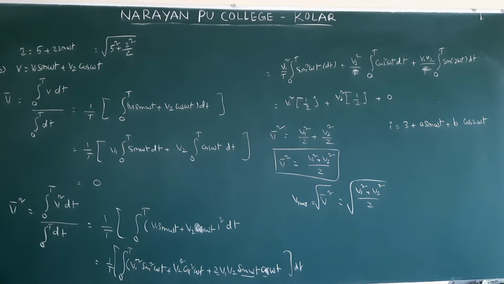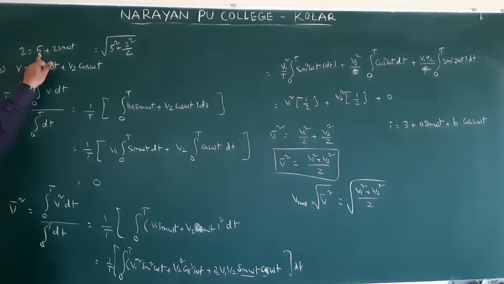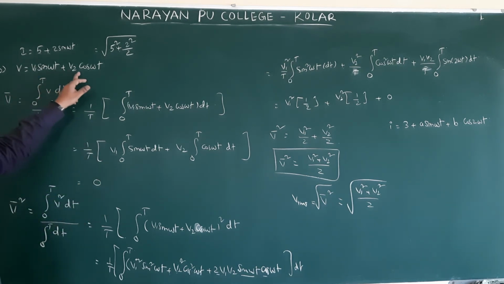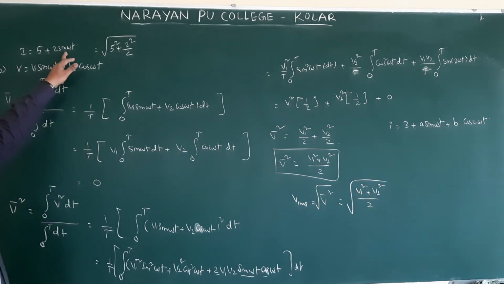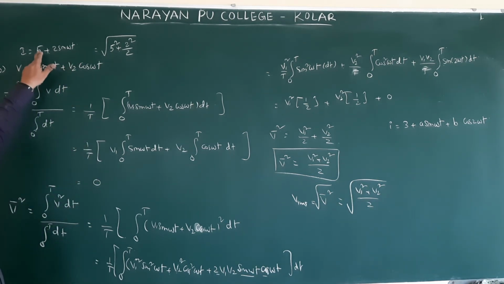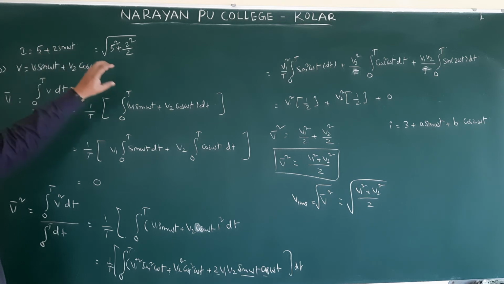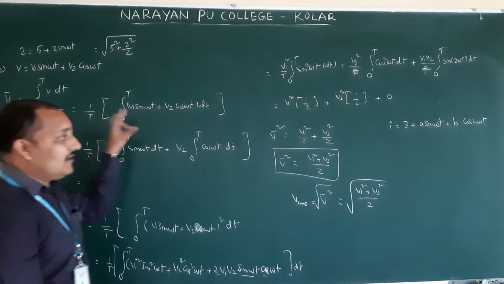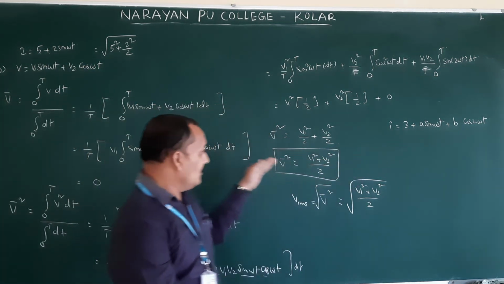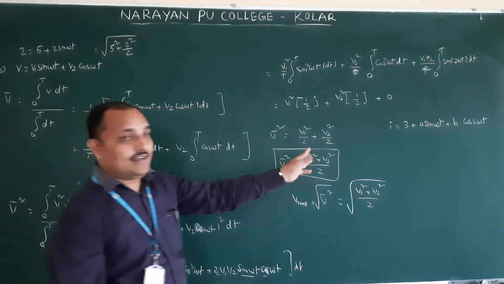So the mean value for this equation: I bar is equal to 3. The sin and cos terms are going to become 0. For sin and cos terms, the mean value is 0. If no sin term is there and only a pure number is there, the number itself gives the mean value. Therefore you don't need to do this much calculation; you can say the answer directly.